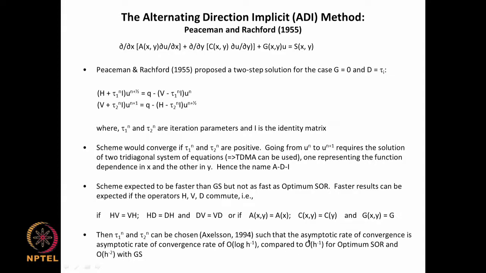Okay. So it is 1 by delta x here, and this is 1 by log of 1 by delta x. Since this variation is smaller than this variation, we can get a much faster rate of convergence than in the case of the Gauss-Seidel method or optimal SOR method.